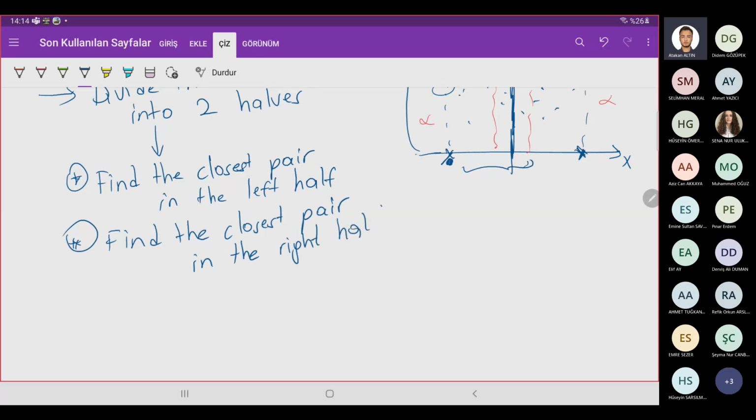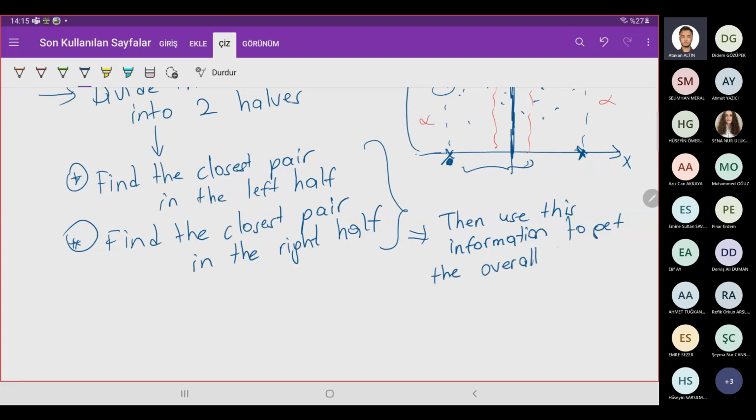Find the closest pair in the left half, find the closest pair in the right half, then use this information to get the overall solution in linear time.